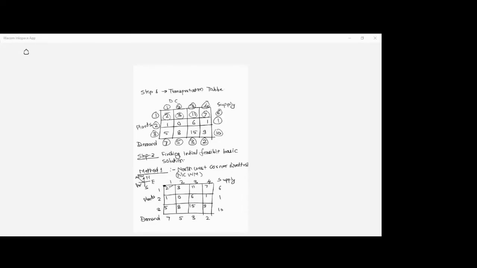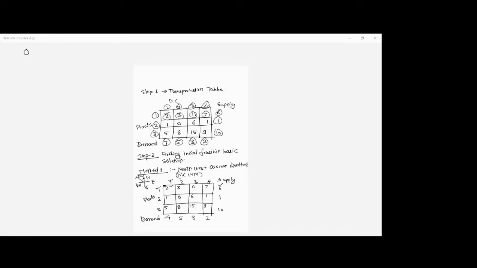Now you can see this is your plant 1, which is able to supply 6 million liters of milk. Distribution center 1 has a demand of 7.